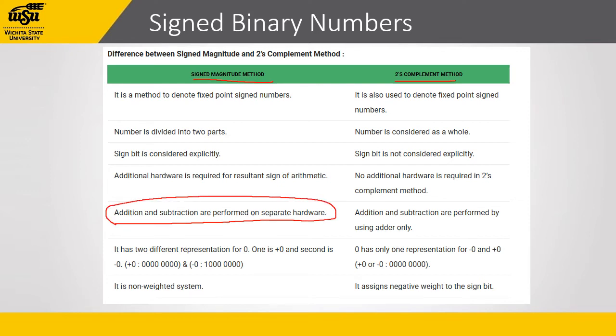But if we use the 2's complement method, addition and subtraction can be done using only a single adder circuit, which we will learn about later. And 2's complement considers the number as a whole, while sign magnitude considers the number divided into two parts, the sign and the rest of the number.